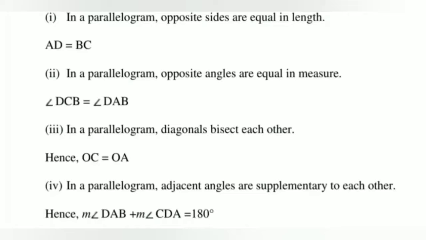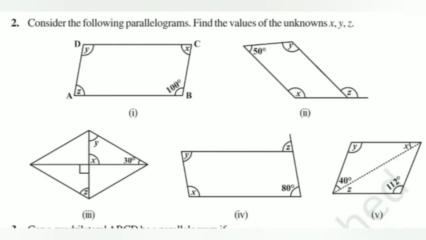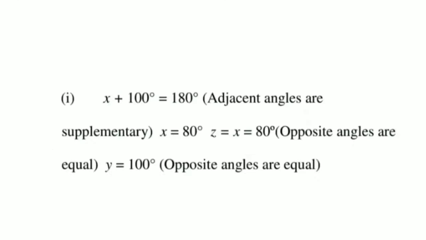Now see question number 2. Consider the following parallelograms. Find the values of the unknowns x, y, z. See this figure, ABCD is a parallelogram, and angle B is given, this is 100 degrees. Then angle C is x, angle D is y, and angle A is z. Angle B and angle C both are adjacent angles.